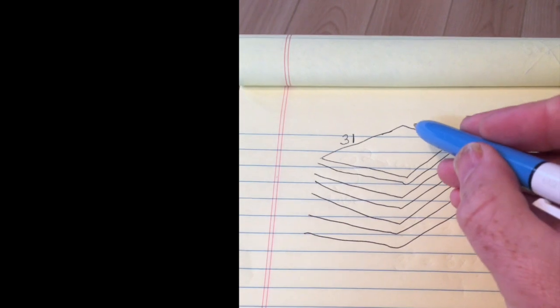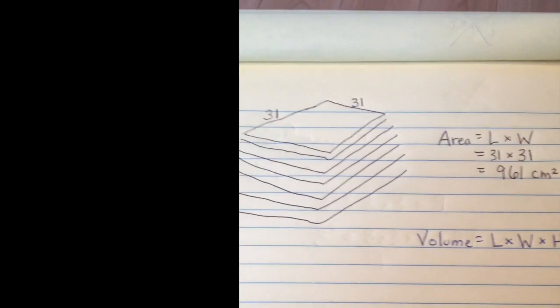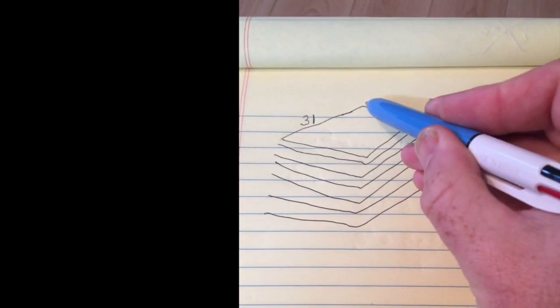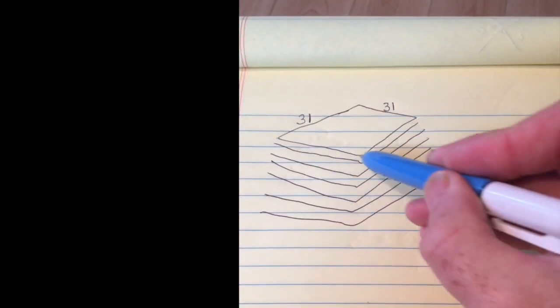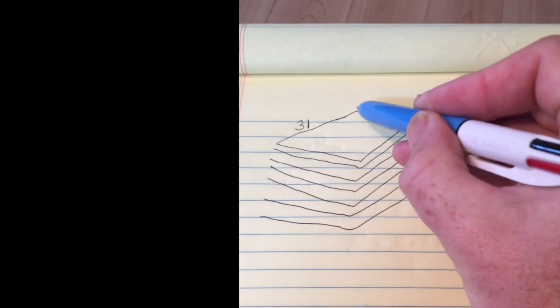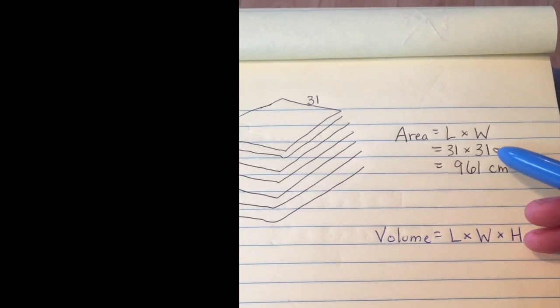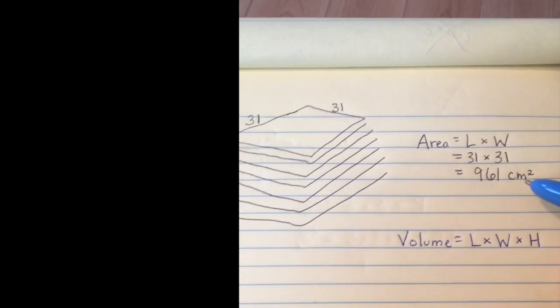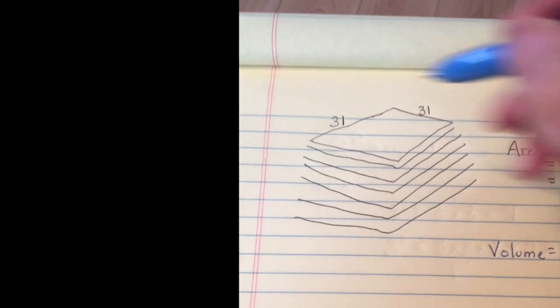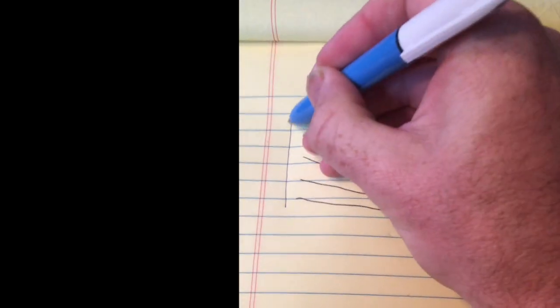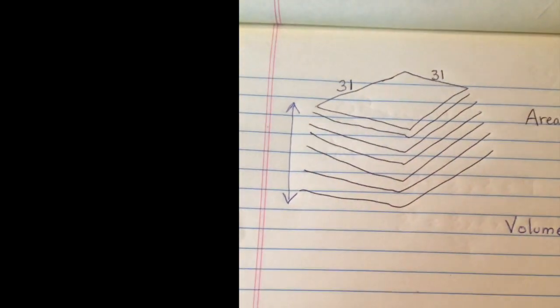So first of all, we're going to piggyback on our last calculation of the surface area of the vinyl record, and it was 31 by 31, so that's 961 centimeters squared. Well, now we've stacked them, so we've added a dimension, and that is the height. And that was really cool.